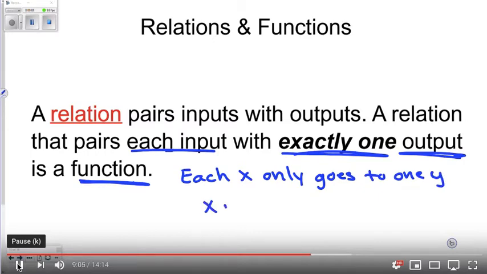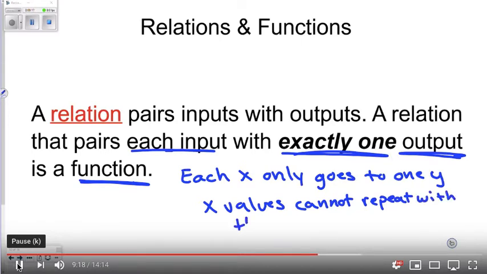Each x value only goes to one y value. X values cannot repeat with a different y value. It says same, but it should say different.